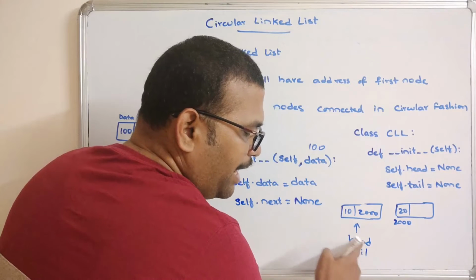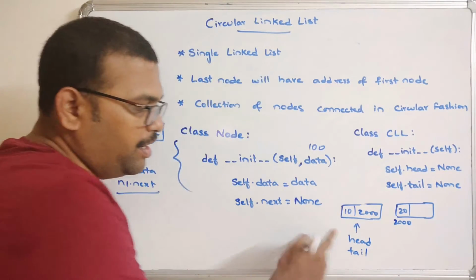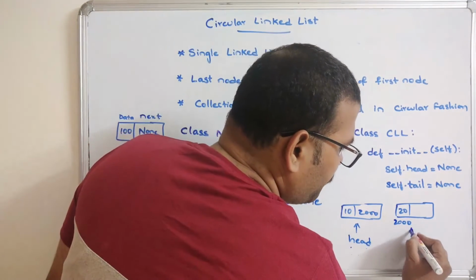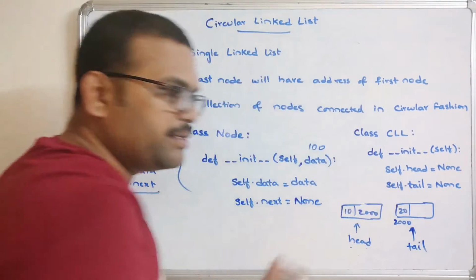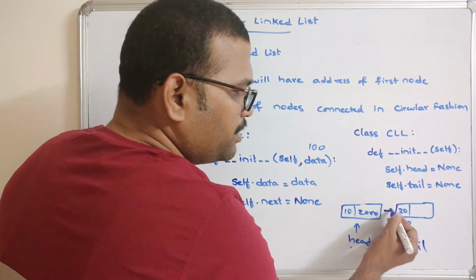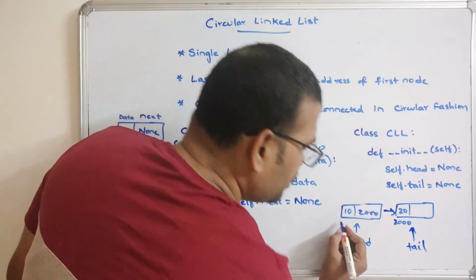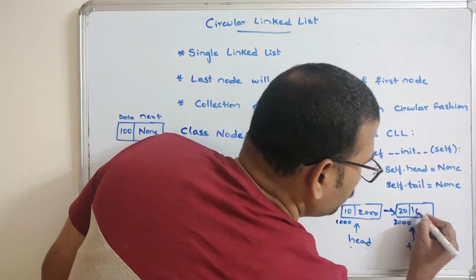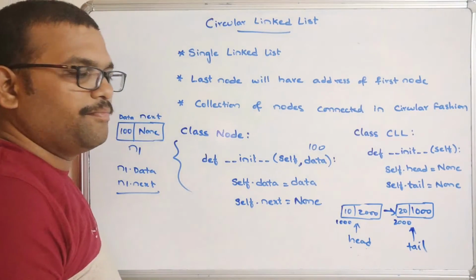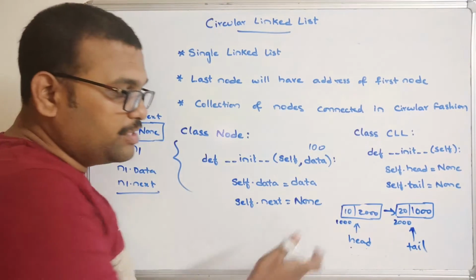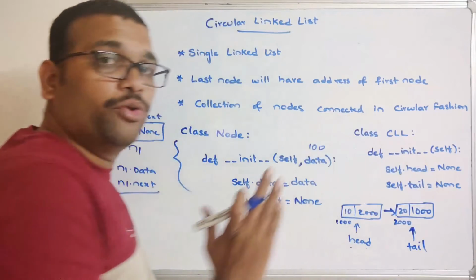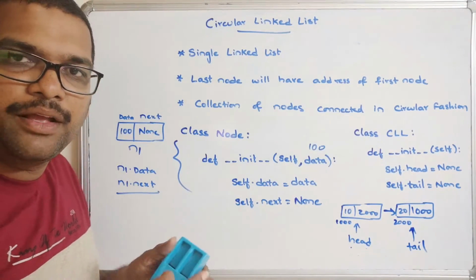The head will remain the same because this is the first element. The tail will be moved to here, so this is the second element. And what we have done: the last node will have the address of the first node. What is the address of the first node here? 1000. So 1000 should be placed here, right? Like that, head and tail should be used in order to do the processing.